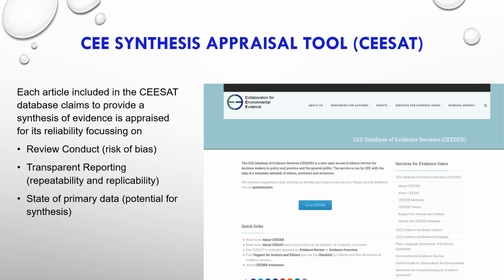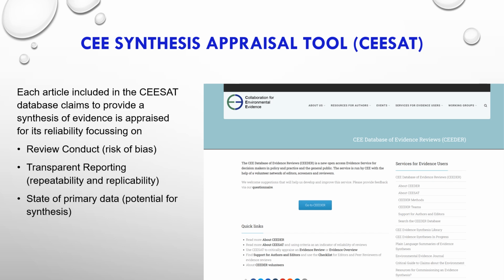Each article in the CEEDER database provides a synthesis of evidence of relevance to a specific question, and so is appraised for the reliability of its findings using the CEE Synthesis Appraisal Tool, CEESAT. Reviews gain reliability through rigorous conduct to reduce risk of bias, transparent reporting to increase repeatability of methods, and the quantity and quality of the available primary data.